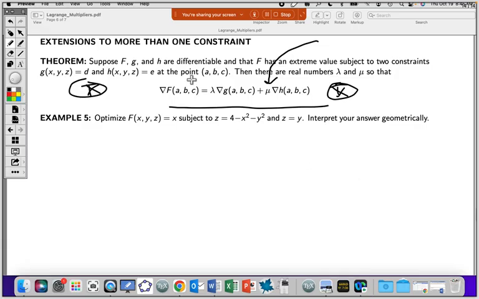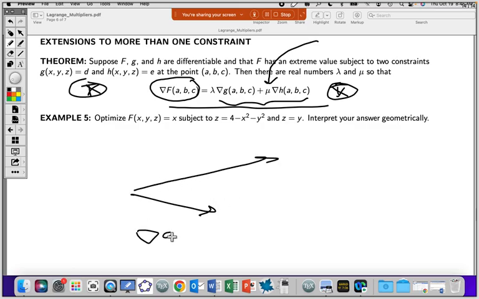So what you're saying is that the gradient of f lives in the plane determined by the gradient of g and the gradient of h. So you got the gradient of g and you got the gradient of h. And then the gradient of f is some multiple of this plus some multiple of that.